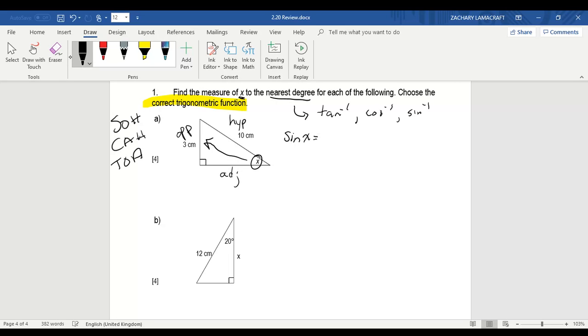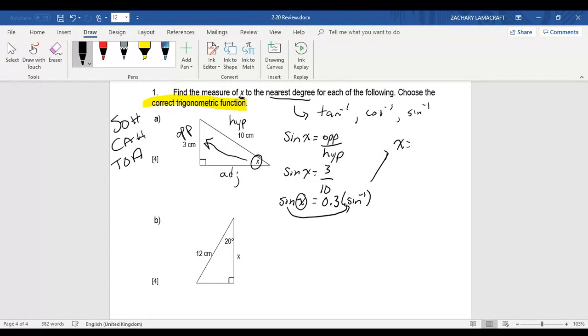So sine x equals opposite over hypotenuse, and sine x is equal to the opposite being 3, the hypotenuse being 10. Sine x would then be equal to 0.3. And our job is to get x by itself, and we know when we're finding the angle, we need to bring over the sine, and it becomes sine negative 1.